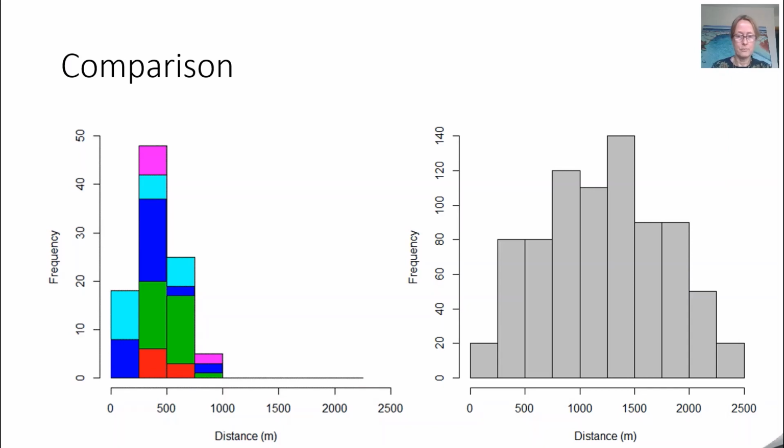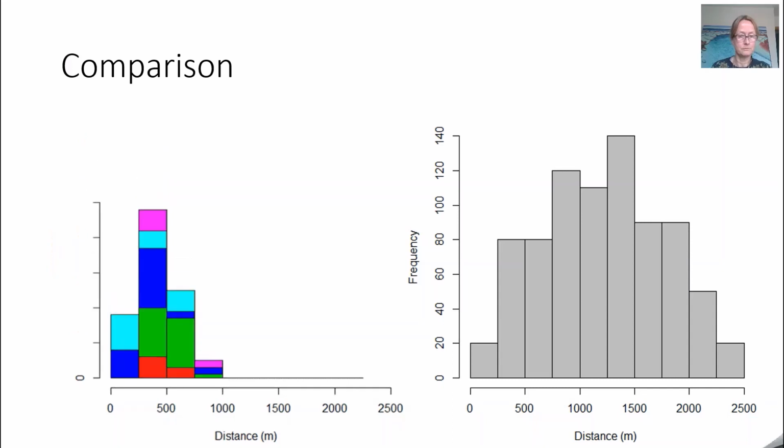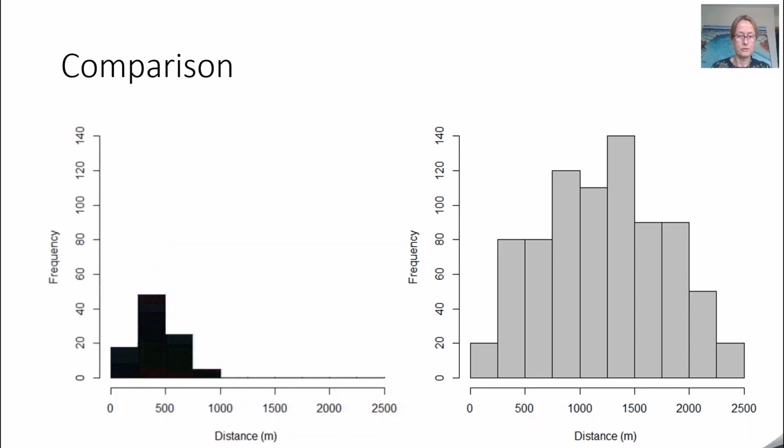So to start our comparison, we'll bring the left one onto the same scale as the right, simply by squashing it down and turning it black. And then we can add the black histogram to the gray one.